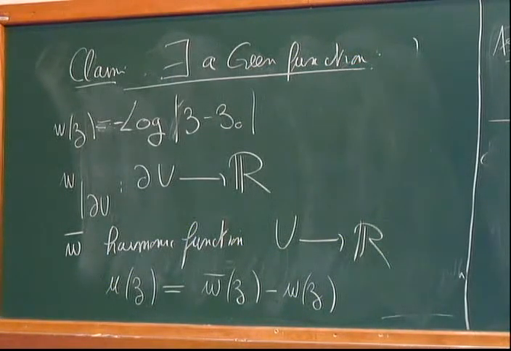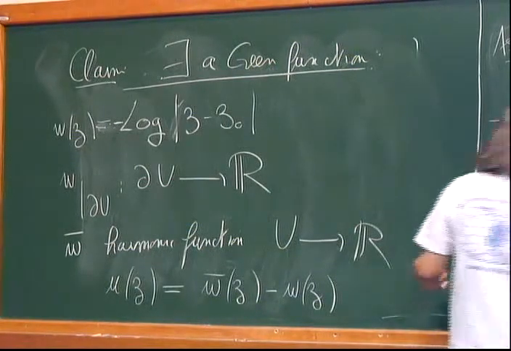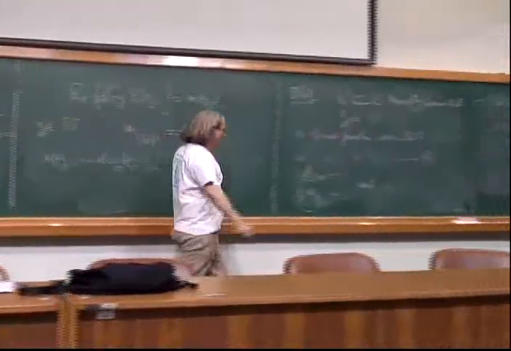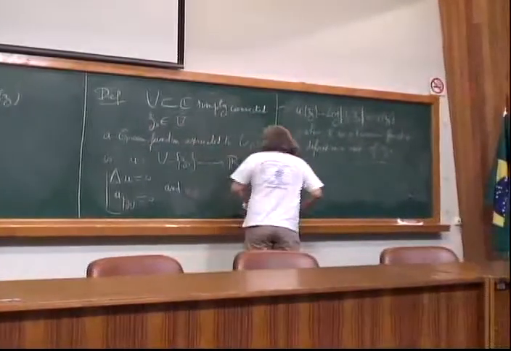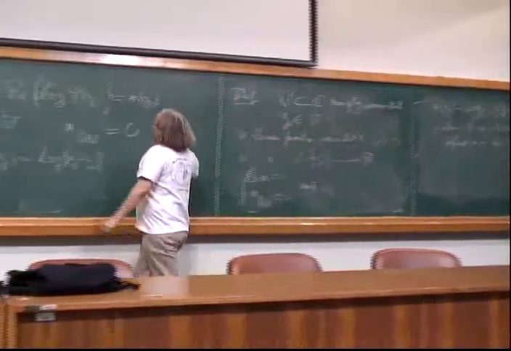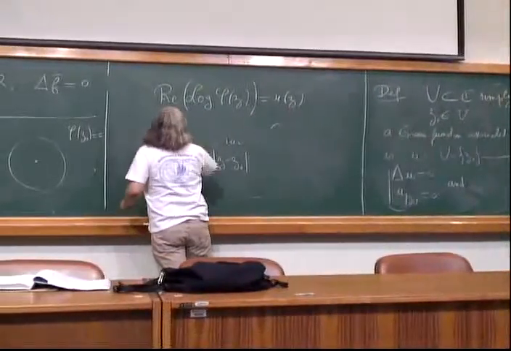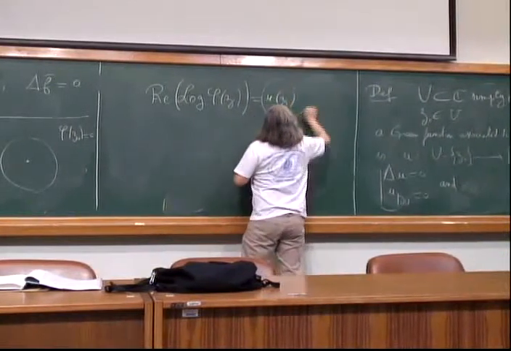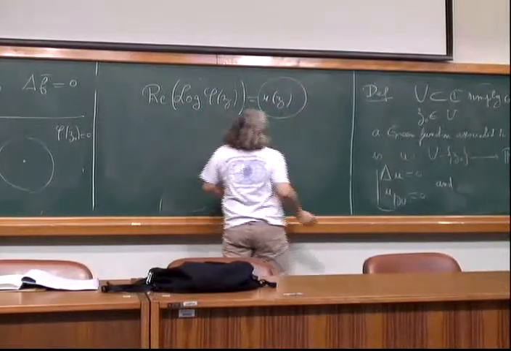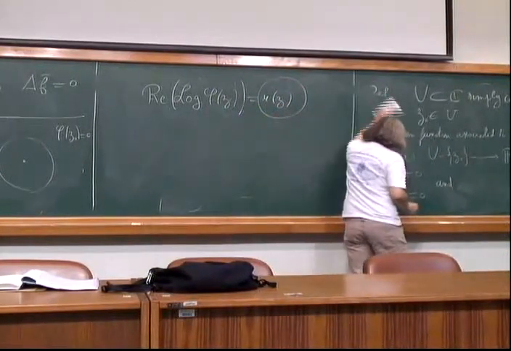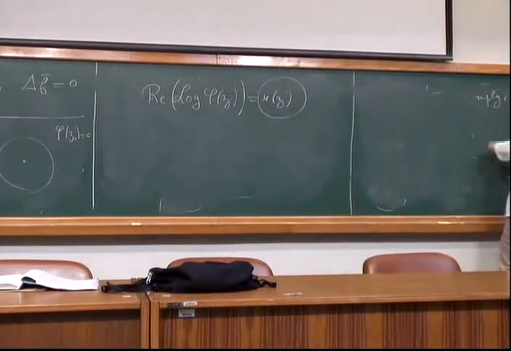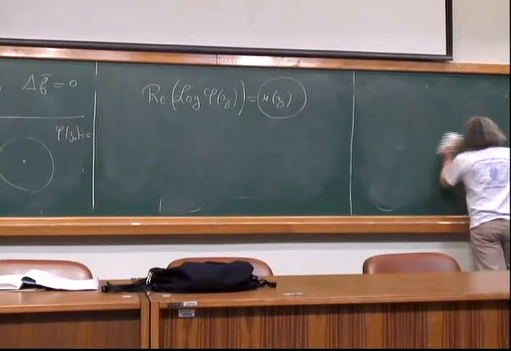And now I can prove the existence of this function phi, but it's very easy by this. We know u of z. This is known, and we want to reconstruct the function phi.